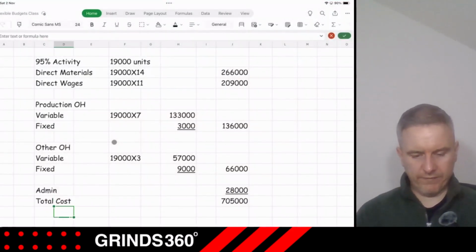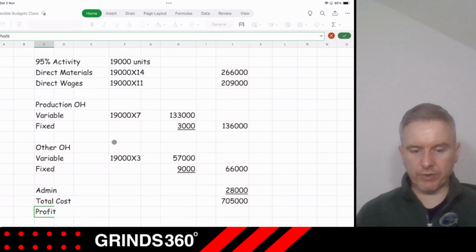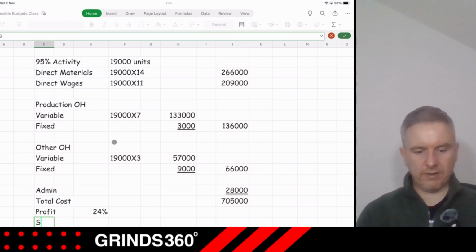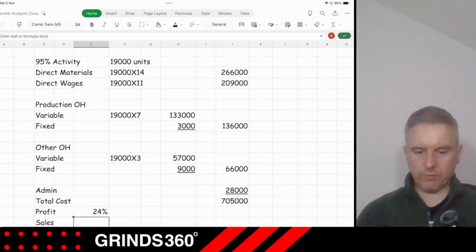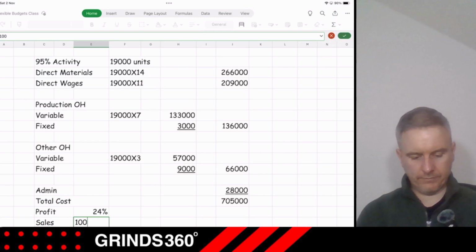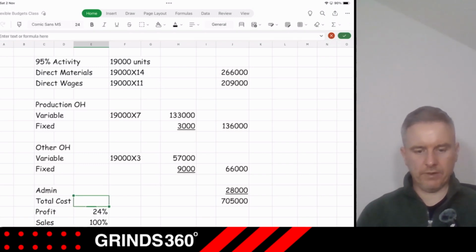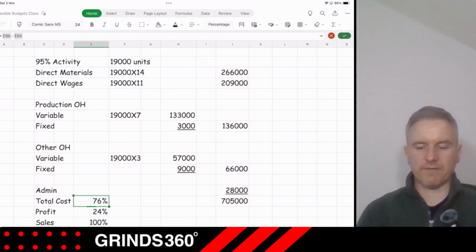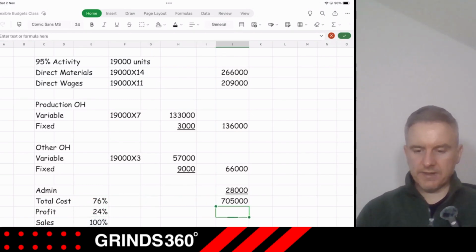So the profit itself, now you don't have to show this part, but it's kind of handy to have it here because we can go straight into writing up the marginal statement then. If the profit is 24% of your sales, the sales is 100%, right? Therefore, the total cost was your 100 minus your 24. So the total cost is 76%. So it's nice to have this done.